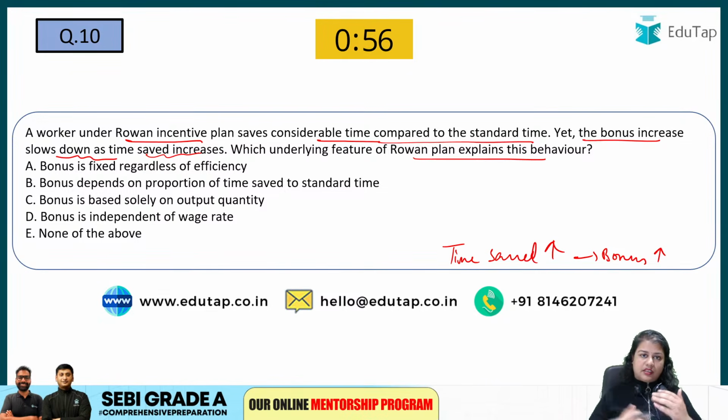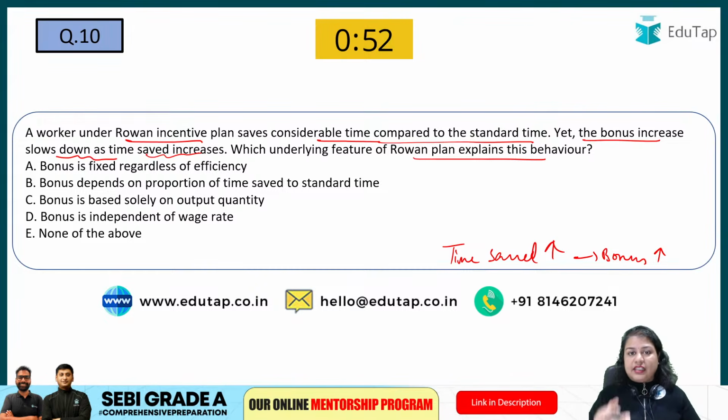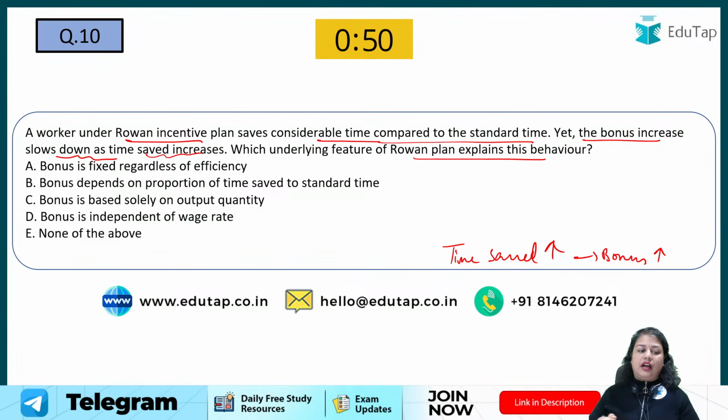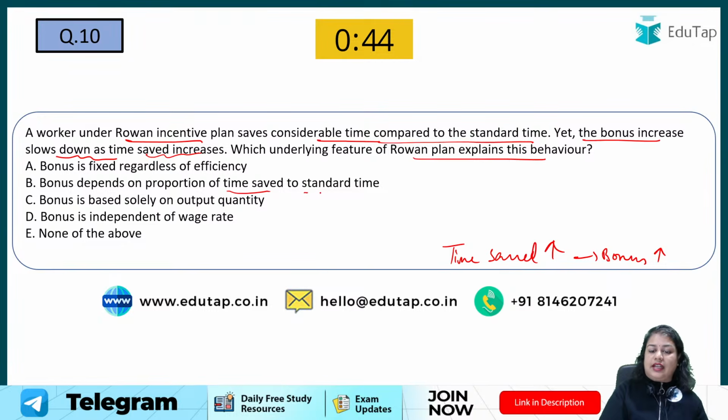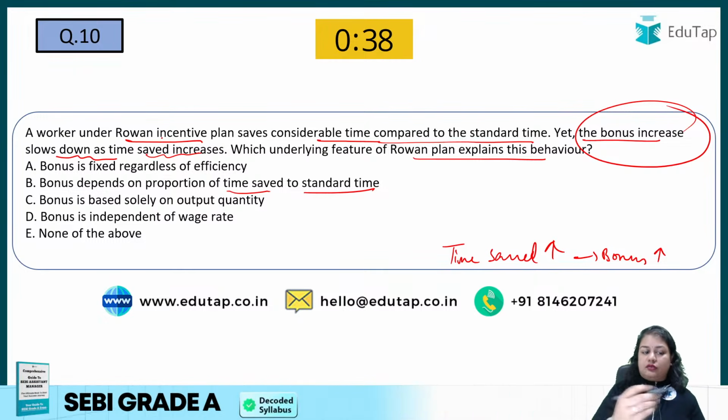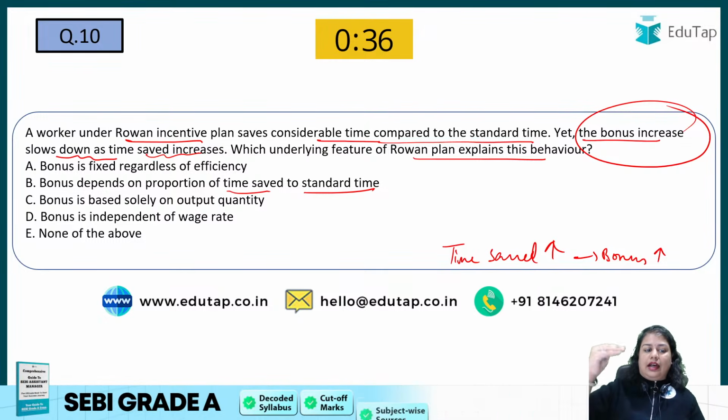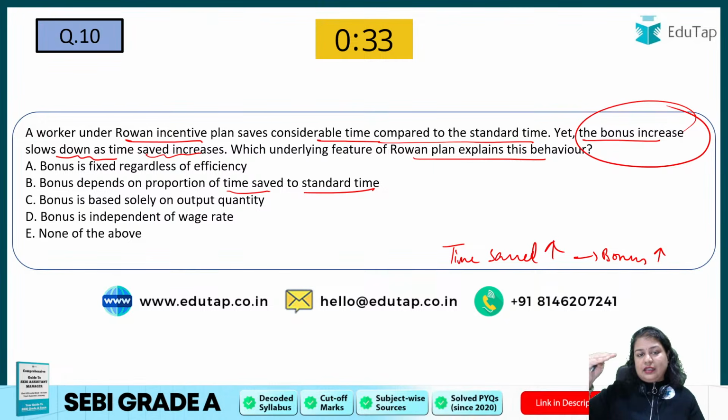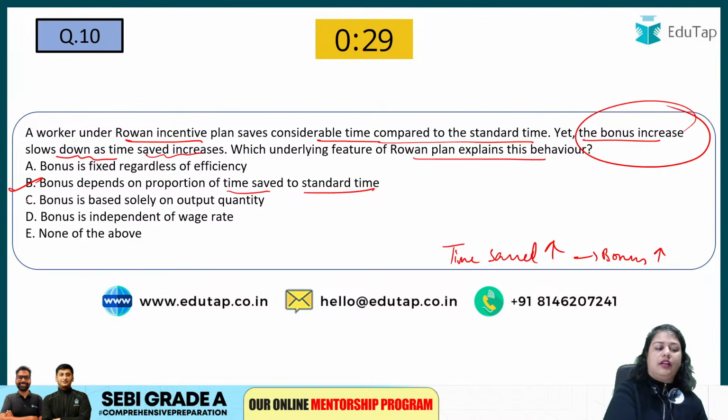I hope you have studied this in your economics, that how some things increase but at a decreasing rate, right? So when our bonus is dependent on the proportion of time saved to standard time, this is why my bonus will increase at a decreasing rate, or you can say it increases, but it slows down. The increasing part also slows down as the time saved increases. So hence option B is the correct one.